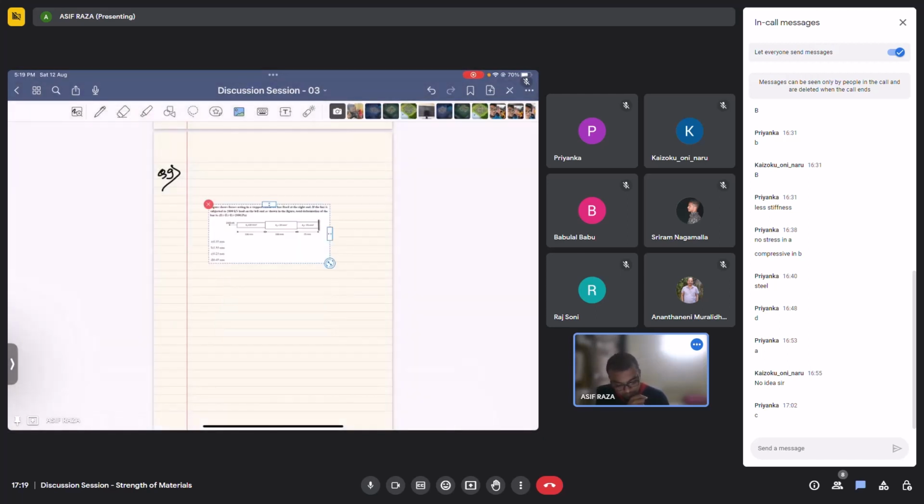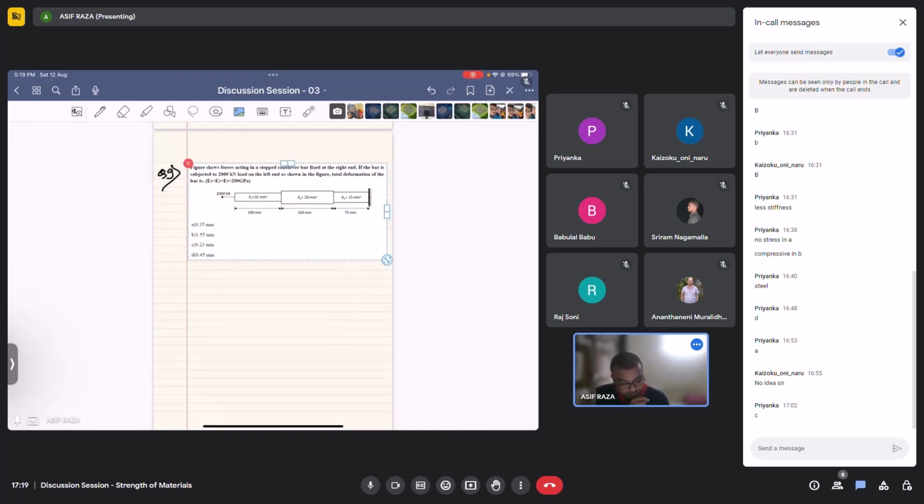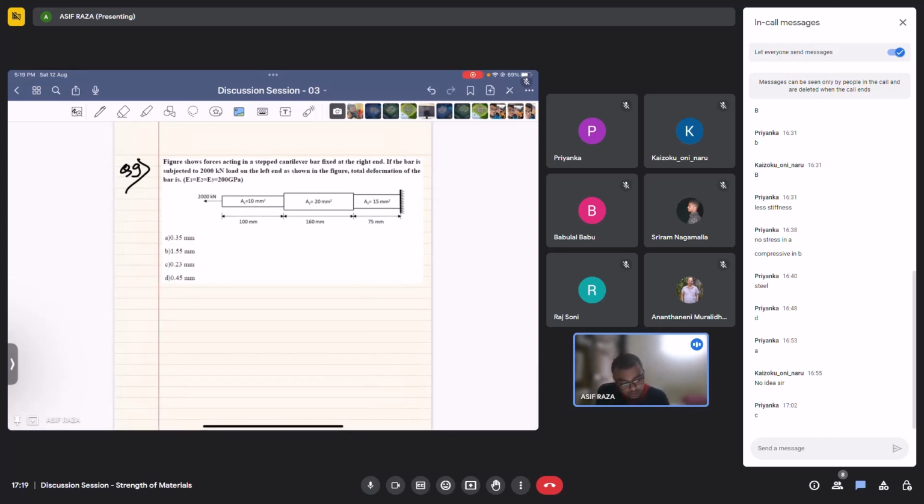Question 9. Okay, so the question is: the figure shows forces acting on a stepped cantilever bar fixed at the right end. If the bar is subjected to a 2000 kilonewton load on the left hand as shown in the figure, the total deformation of the bar is, and E1, E2, E3 are given as 200 GPa, while the stepped cantilever is provided in this figure.